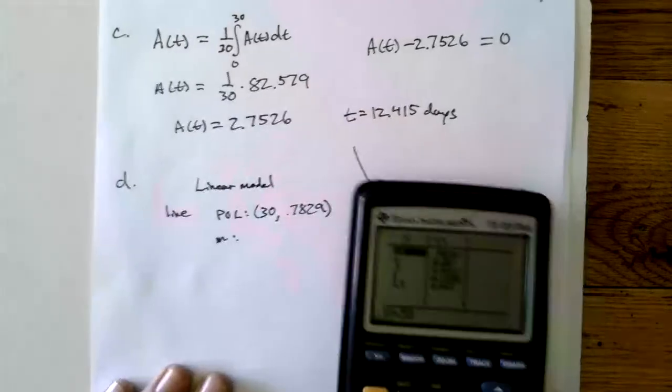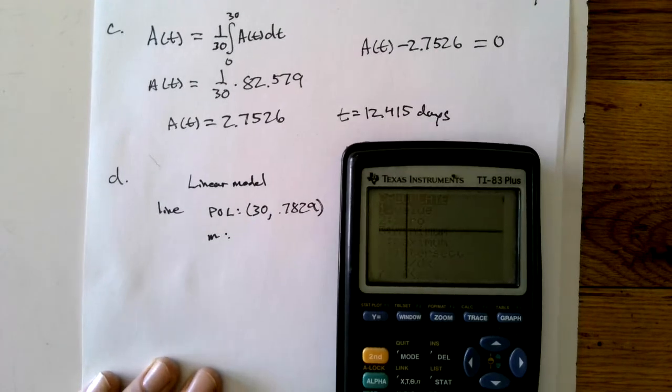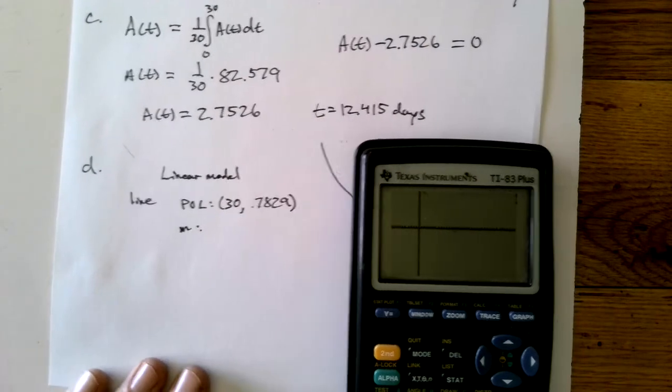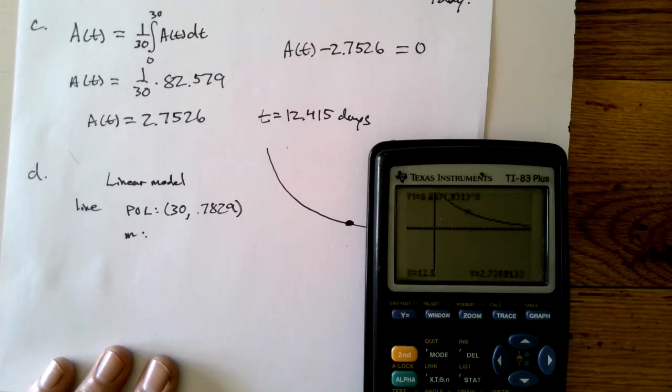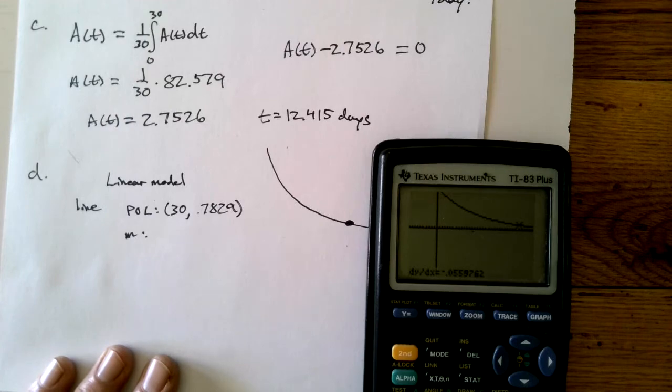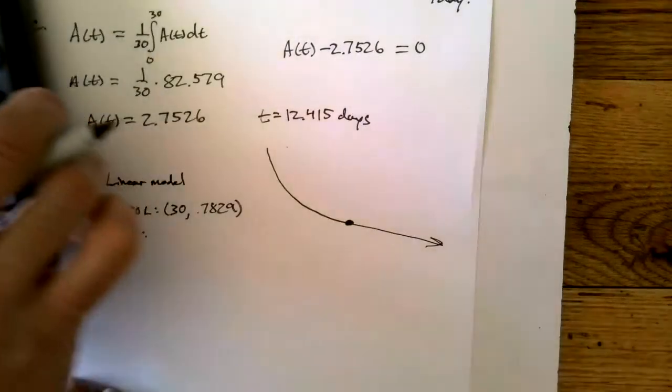And then your slope is the derivative. So if I calculate number 6, number 6 will tell me at that time, if I type in 30, that the derivative is negative 0.0559.